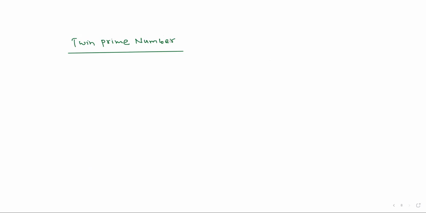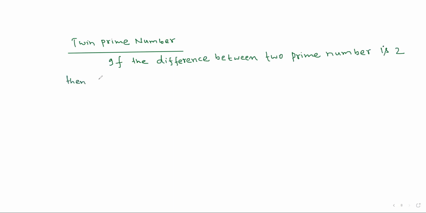Two prime numbers which have a difference of two are called twin primes. If the difference between two prime numbers is 2, then they are called twin prime numbers.